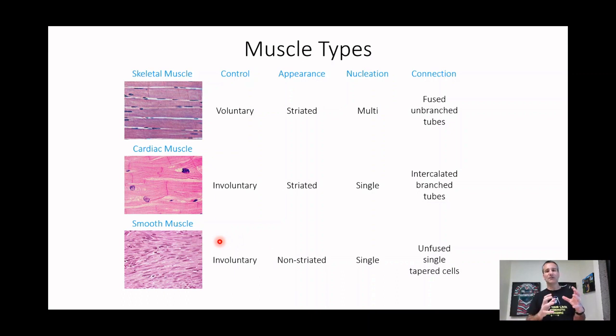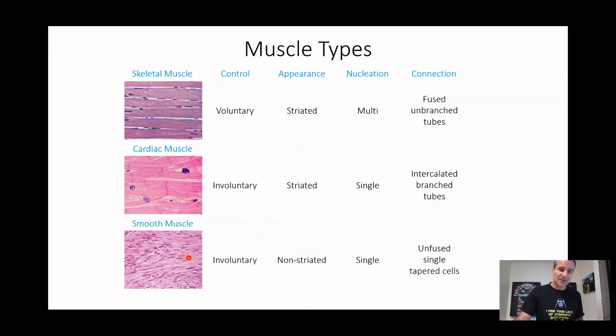So these are in our gastrointestinal tract, moving food down your GI system from your mouth to your end. They're also in all of your arterioles and other blood vessels, so that you can direct where the blood goes, so that your system can contract certain blood vessels if we need blood to go in a different direction. So these are things that we can't control voluntarily. These are completely involuntary things that are happening on autopilot in the background.